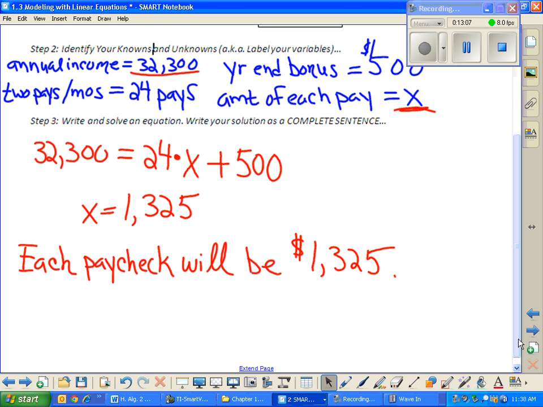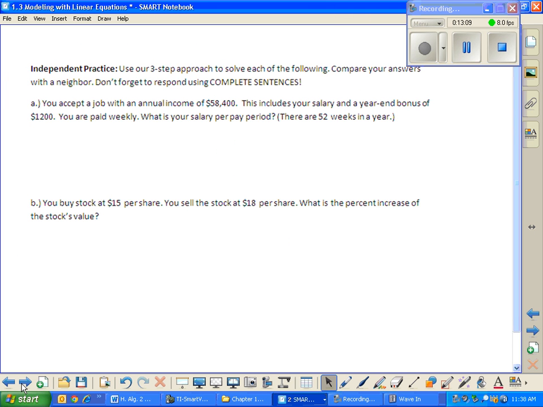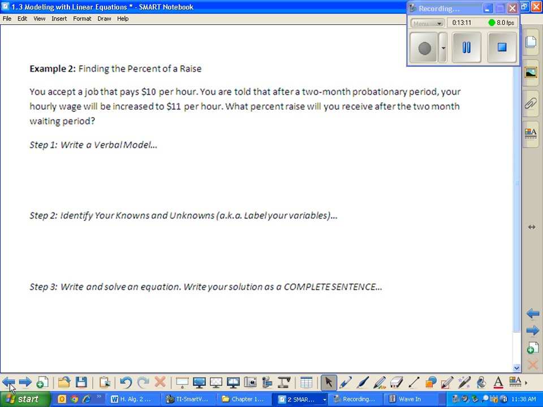The problems vary from scenario to scenario. Your verbal model could look a little bit different. It doesn't always have to be in that precise y equals mx plus b format. For instance, in example 2, we're going to find the percentage of a raise. It says you accept a job that pays $10 per hour. Remember, as we read, you're looking for stuff that we know and stuff that we don't.